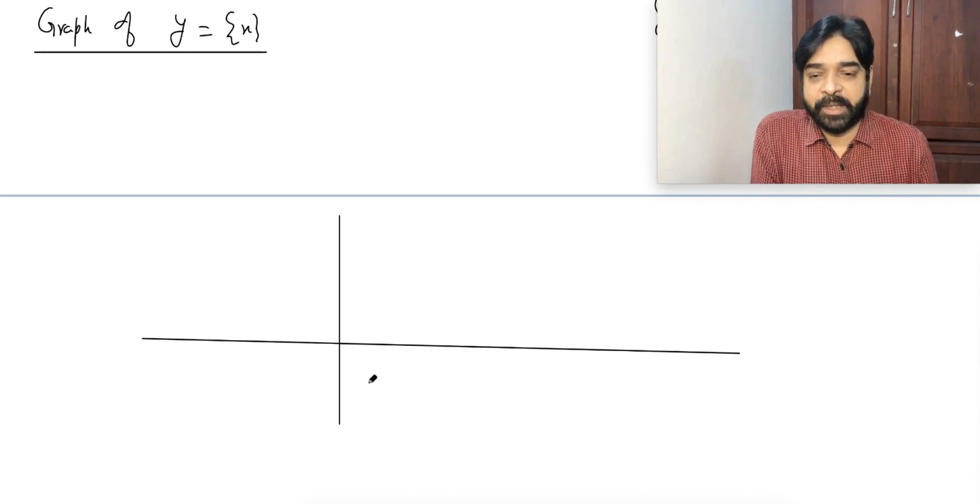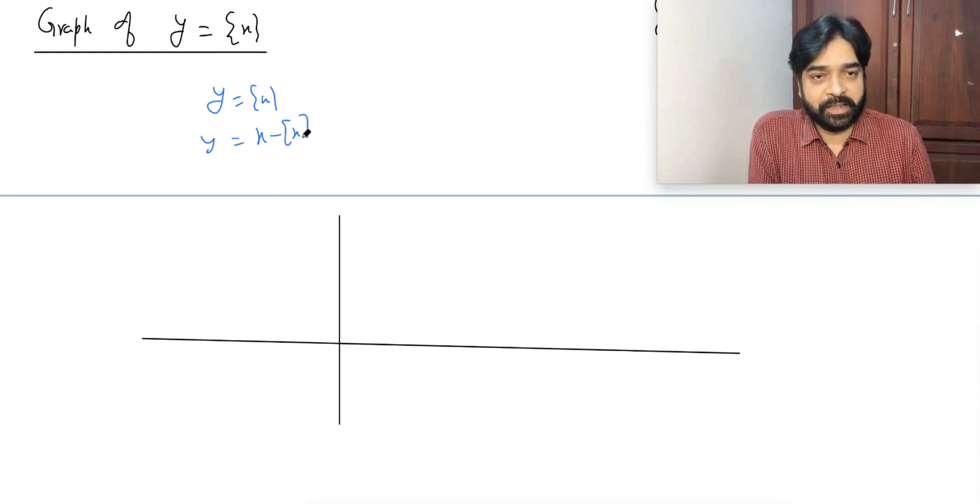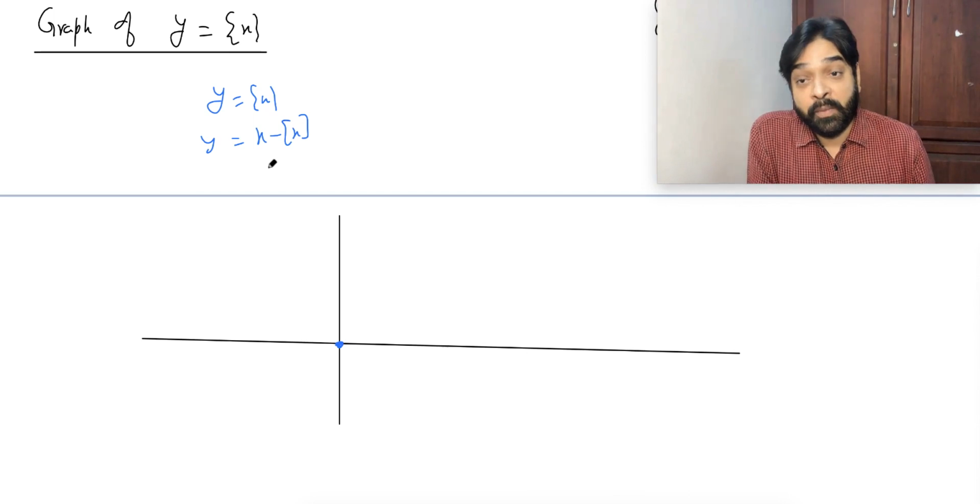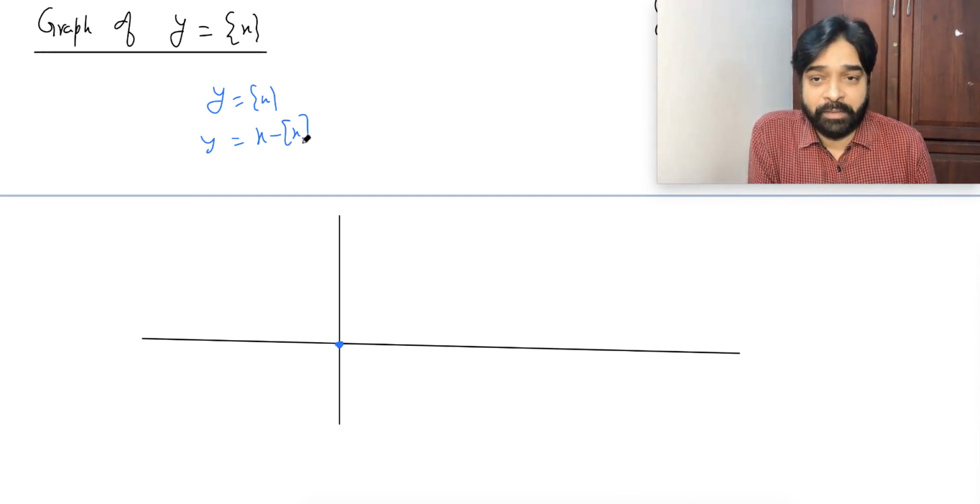When x is between 0 and 1, watch carefully. Actually, we are trying to draw the graph of the fractional part of x, so I can say x minus greatest integer of x. So when x is 0, y will be 0. Why 0? Because x is 0, and 0 is an integer. When x is 0.1, the greatest integer value will be 0, so y equal to x.